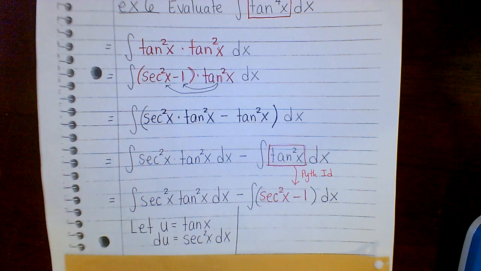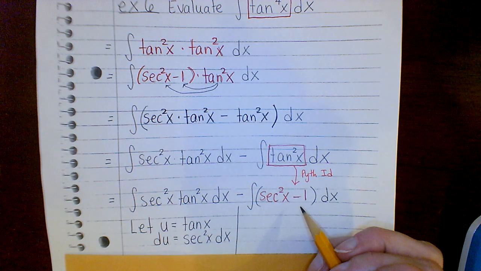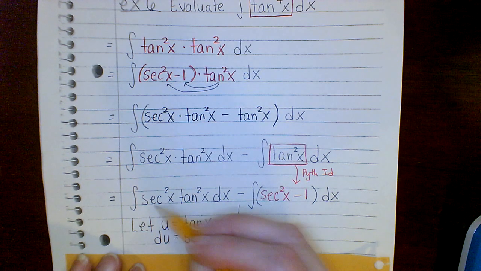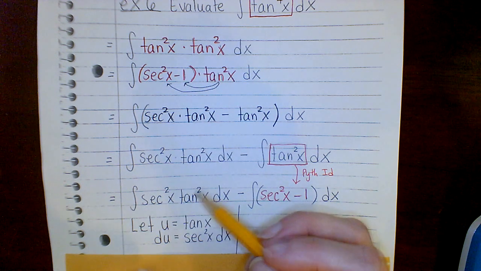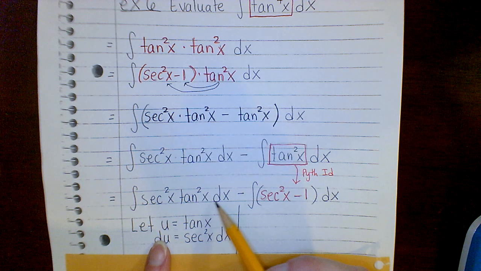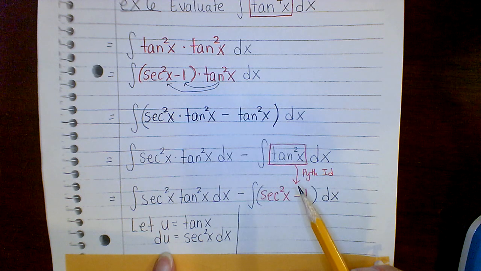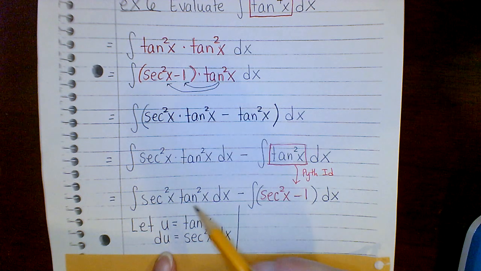Now, how does that help us by putting that Pythagorean identity in there? Well, this integral was pretty nice. It's a u substitution. I can let u be tangent, and then this secant squared dx is my du. So this will just be the integral of u squared du.